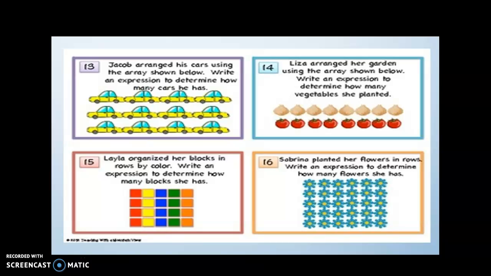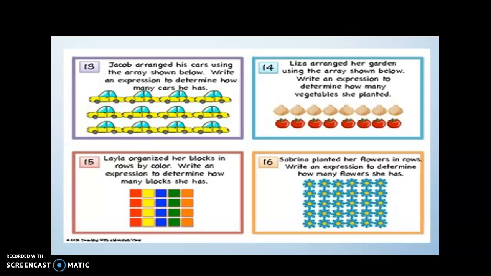So what we'll do is use the problem-solving strategies that we just used to determine how many cars he has. Now we could count them and find out the answer, but again, we're learning about multiplication, so we're going to use the strategies that we have learned. So remember, columns are up and down, rows are left to right.